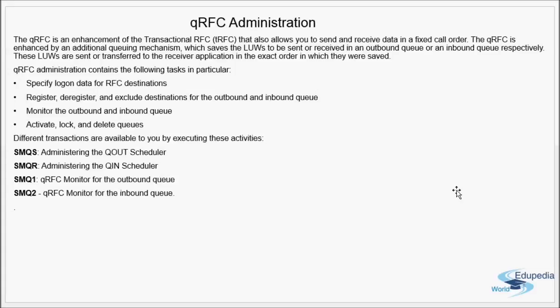Data is generally moved from one SAP system to another through a TRFC or a QRFC. The difference is that TRFC data is sent securely and reliably exactly once, whereas in a QRFC it is exactly once in order. Order is given importance here.